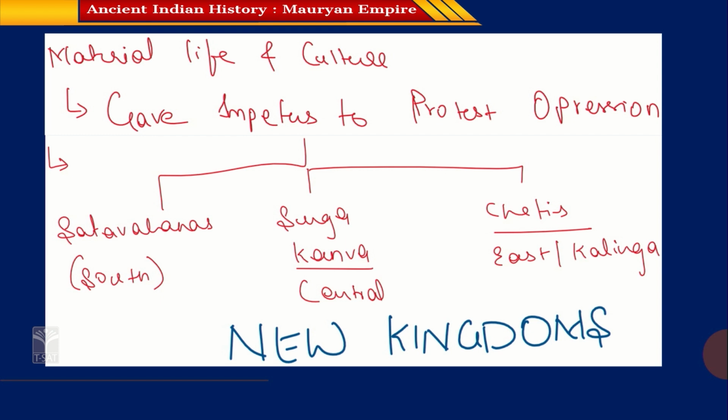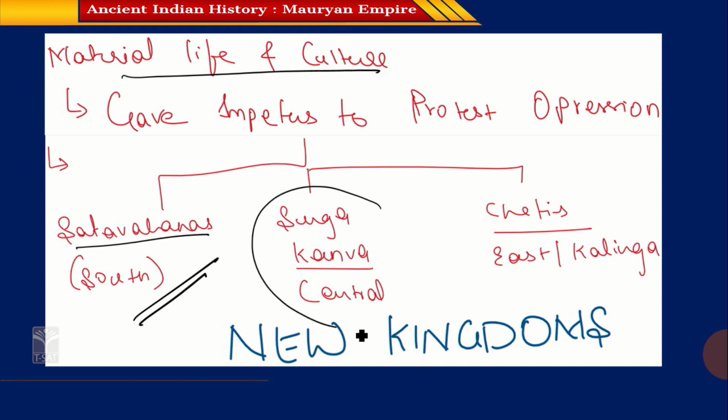One biggest contribution of the Mauryan Empire, which you can remember for your prelims, is the contribution and development of material life and culture. Ashoka's Mauryan Empire eventually ended up in three parts. In the south, which is Maharashtra, northern Karnataka, Telangana, we see Shatavahanas. In the central region, Madhya Pradesh and Chhattisgarh, we see Shunga and Kanwa, going up until Bengal.